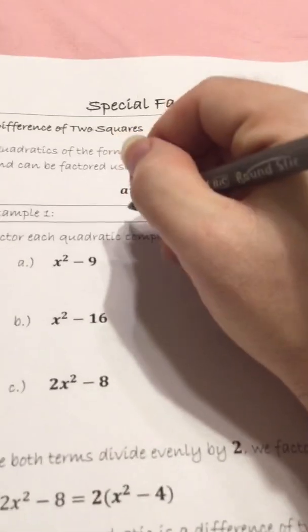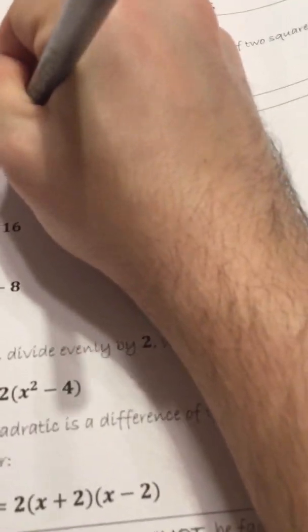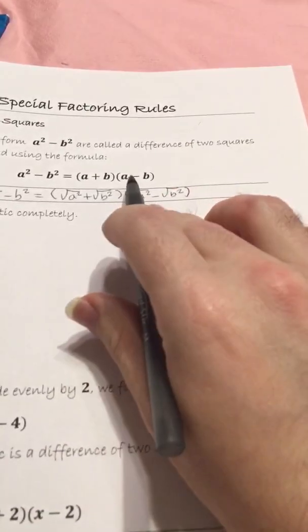Another way we can write this formula is a squared minus b squared is equal to the square root of a squared plus the square root of b squared times the square root of a squared minus the square root of b squared. And that's how we get it into the form that you see up here.